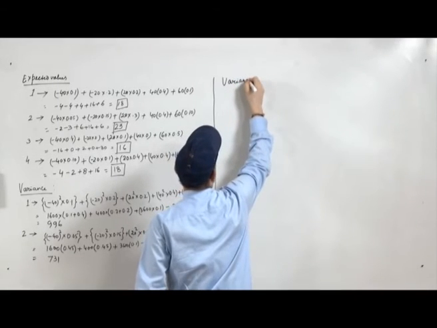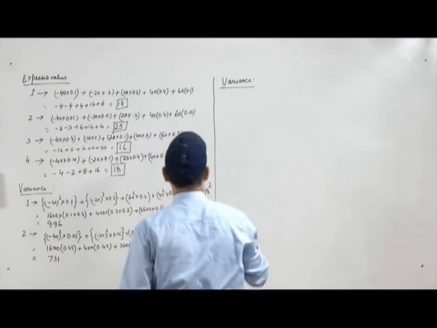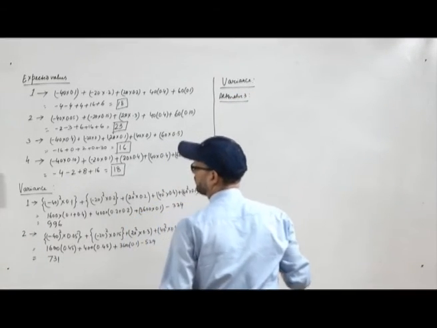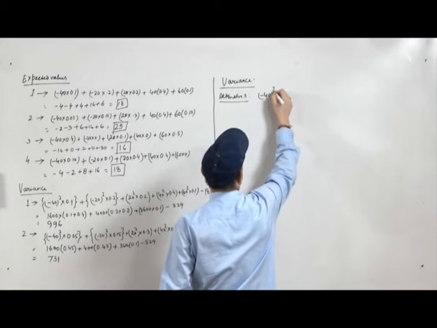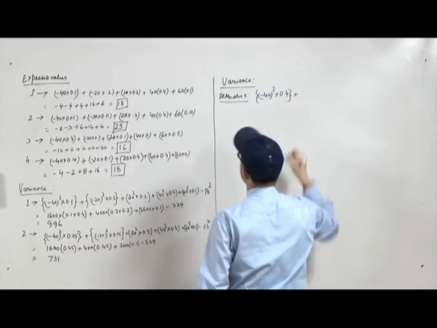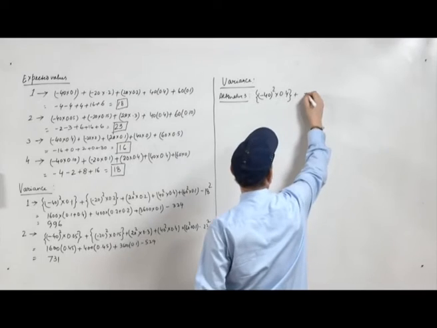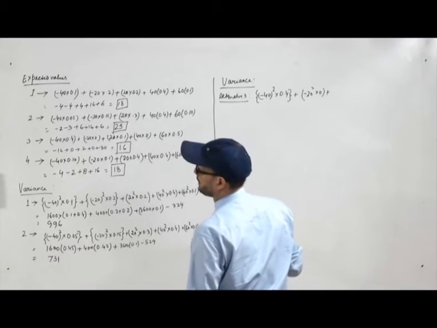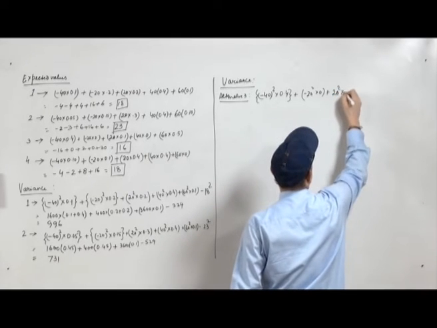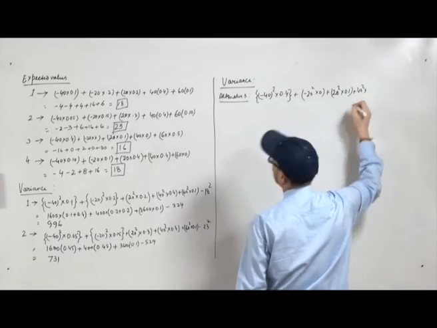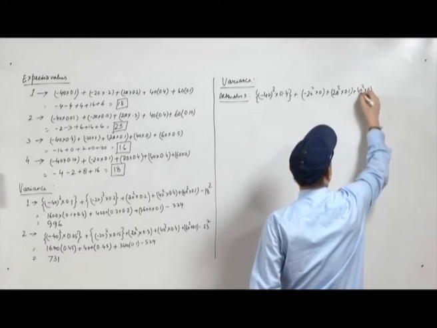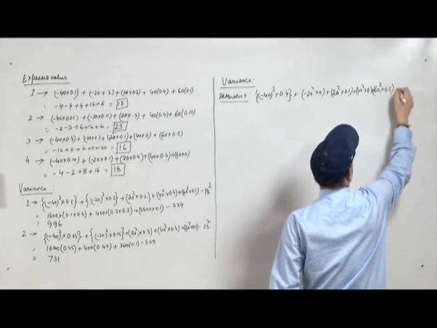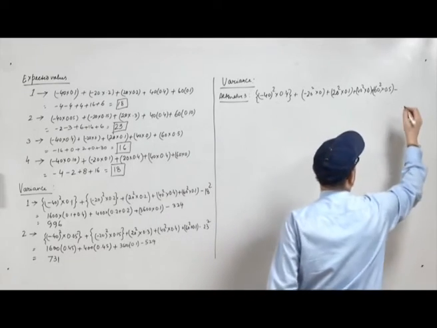Variance for alternative 3 will be minus 40 square into 0.4, plus minus 20 square multiplied by 0, plus 20 square multiplied by 0.1, plus 40 square multiplied by 0, plus 60 square multiplied by 0.5, minus the expected value, which is 16. So, 16 square.